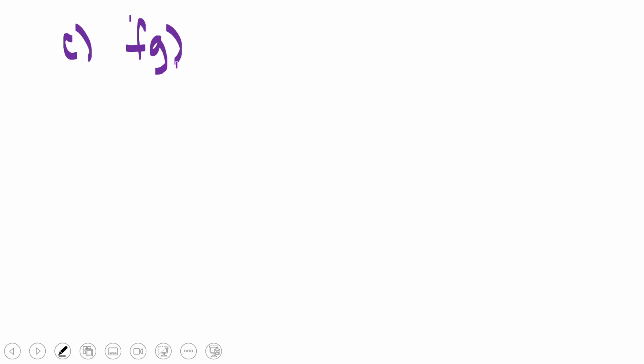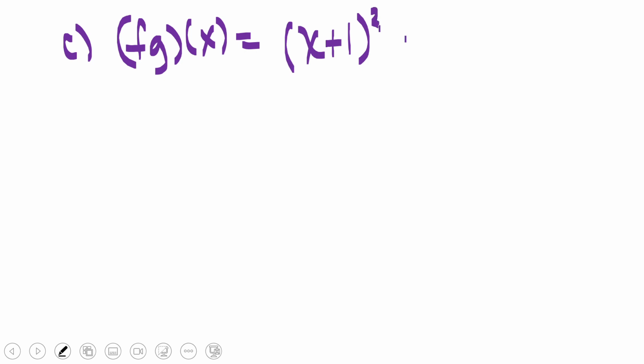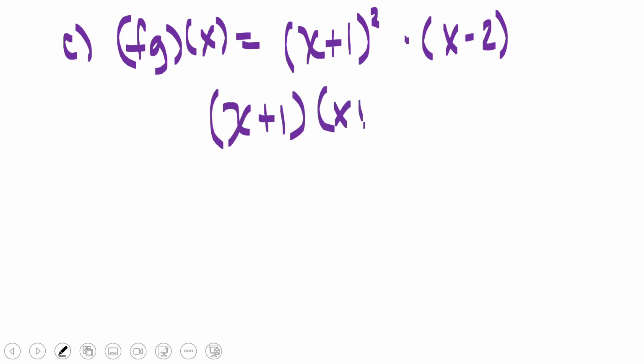Alright, in another example for the multiplication operation f times g of x, we're going to have x plus 1 all squared times x minus 2. It's going to look like this: x plus 1 times x plus 1 times x minus 2.